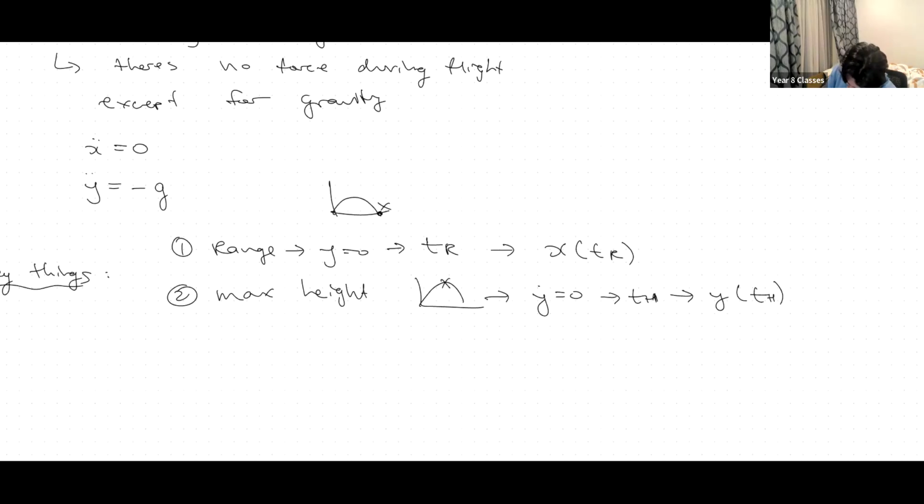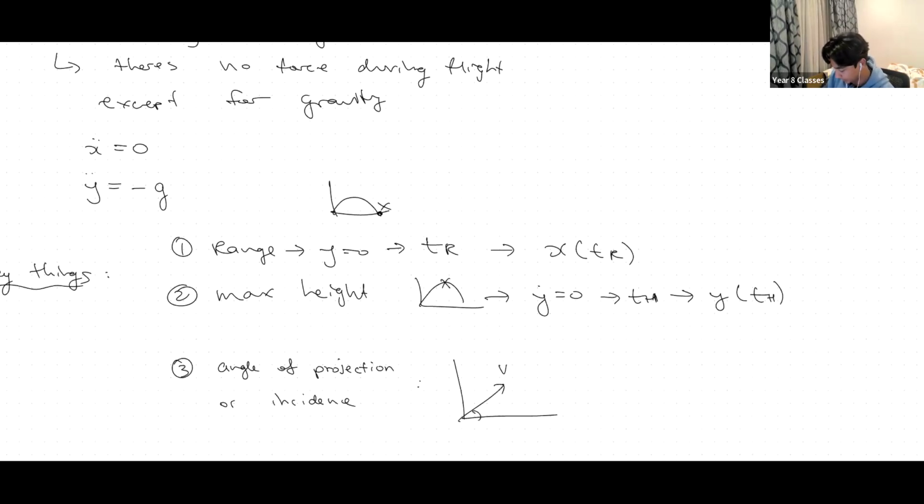And your last thing is going to be your angle of projection or your angle of incidence. That just means: I chucked it at this velocity, what's my angle that I chucked it at?